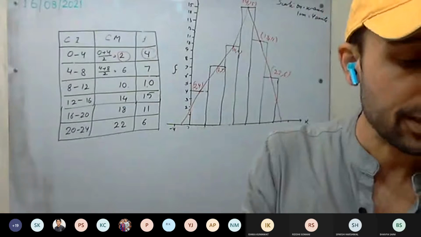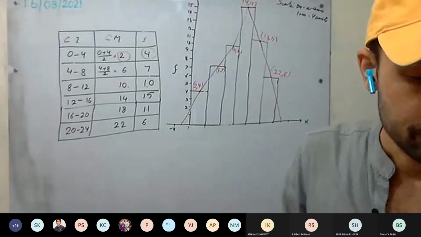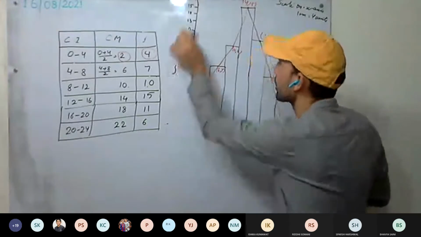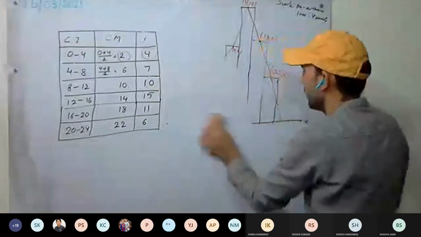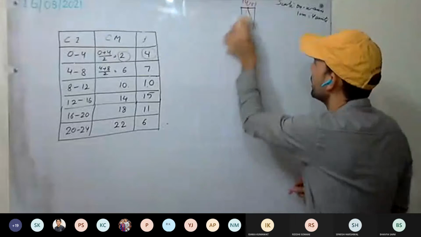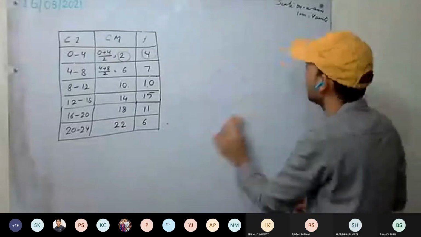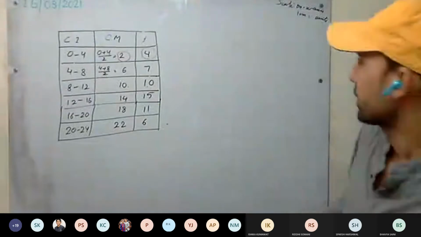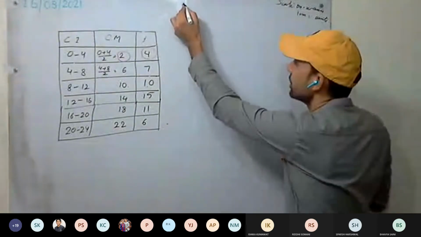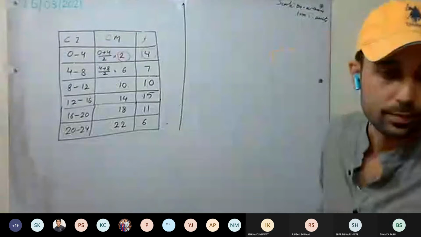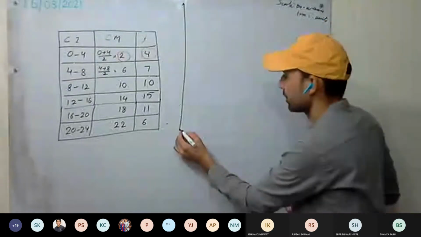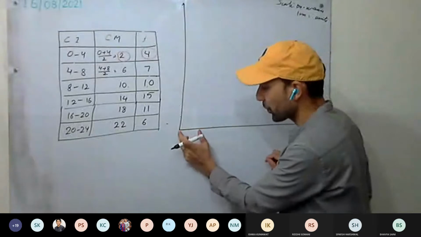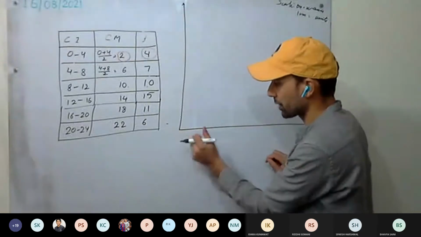Now see the second question. It has class intervals starting from 10 to 20. We already know the frequency polygon will require one more class.